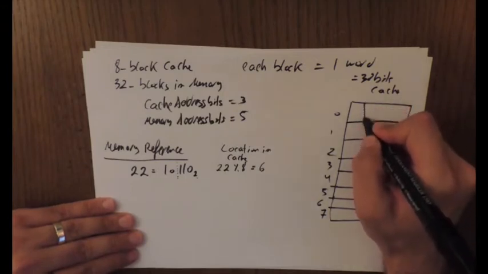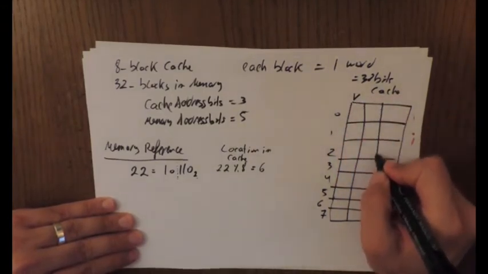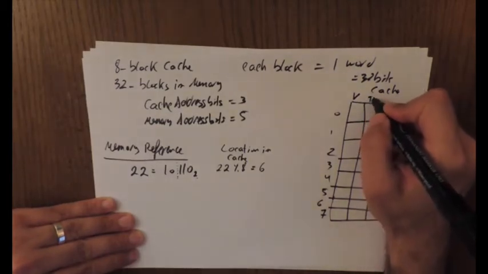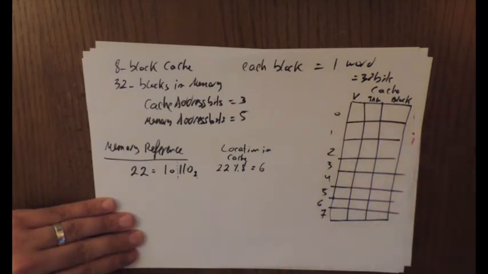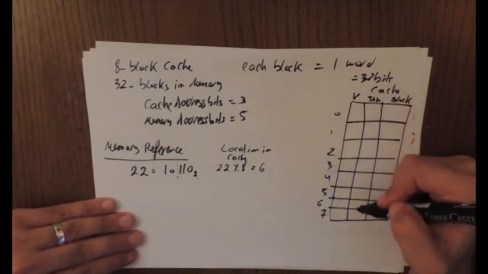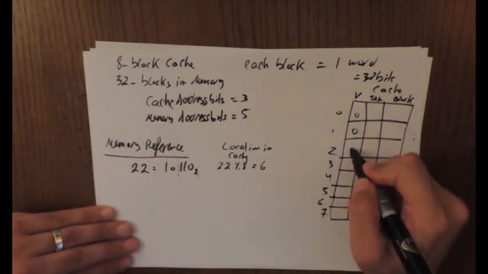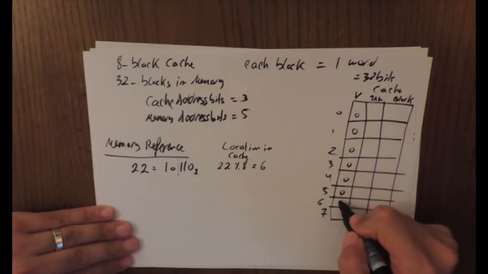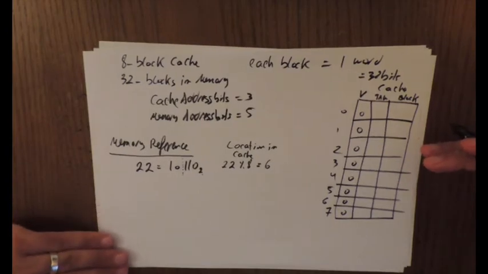Each location has a valid bit and also tag bits, and this is the block. Okay, so if we start, all the valid bits are 0. So the first memory reference will have, this is all zeros. So everything in the cache has data irrelevant to us.